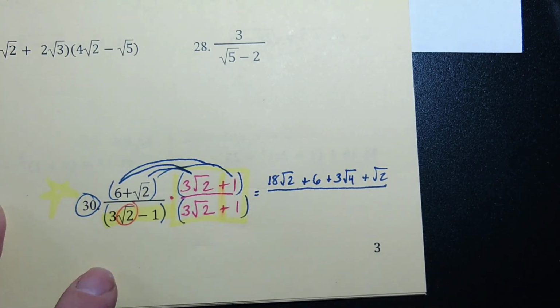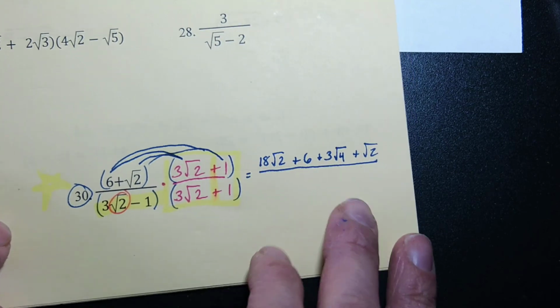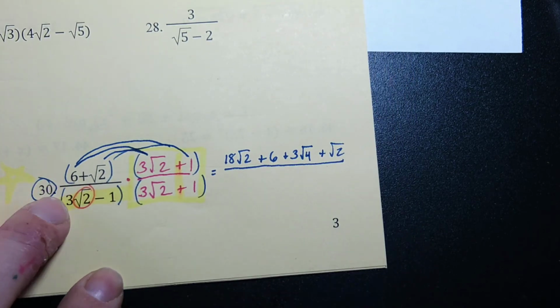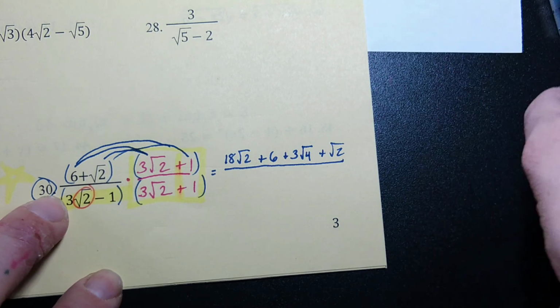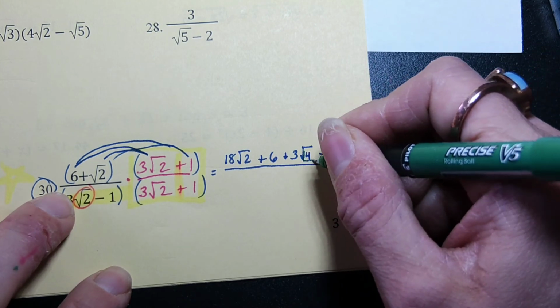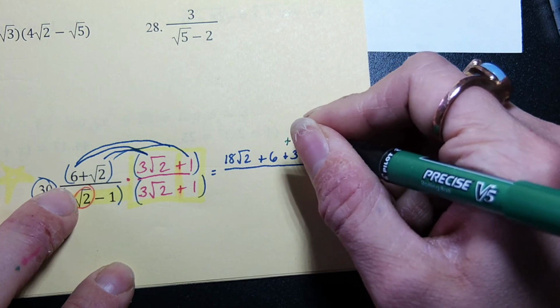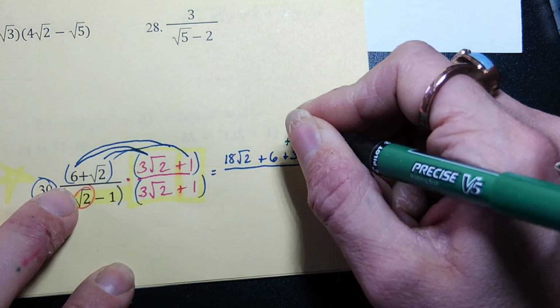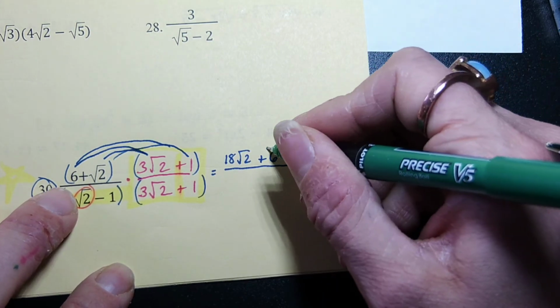Now, I'm going to have you guys try FOILing on the bottom, but before we do that, is there any simplifying that I can do on the top? Well, the square root of 4 is 2, so 3 times 2 is 6.